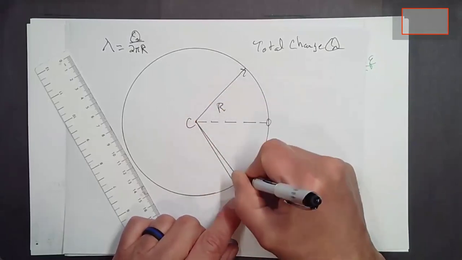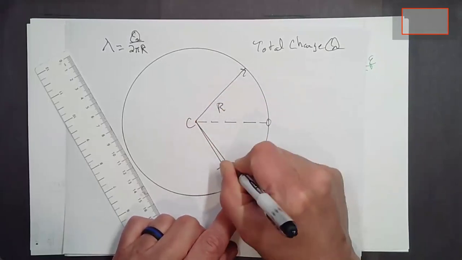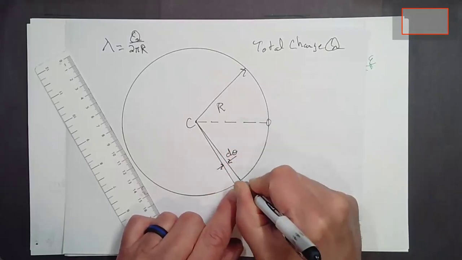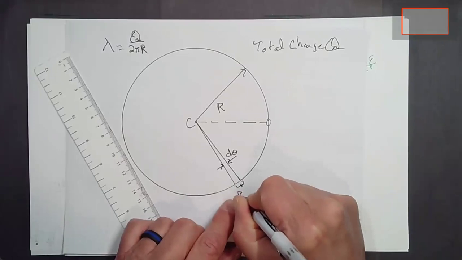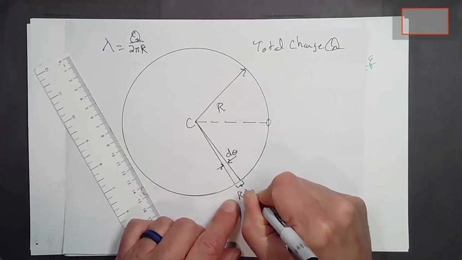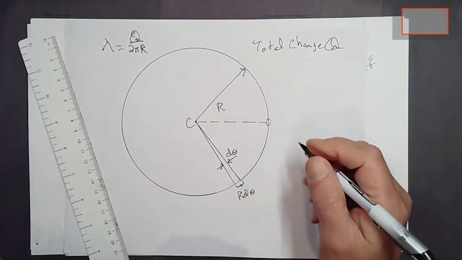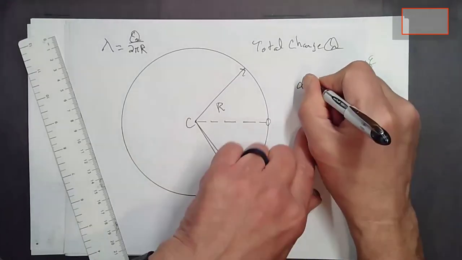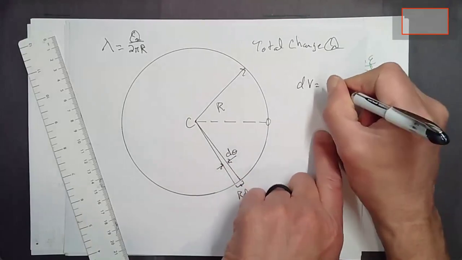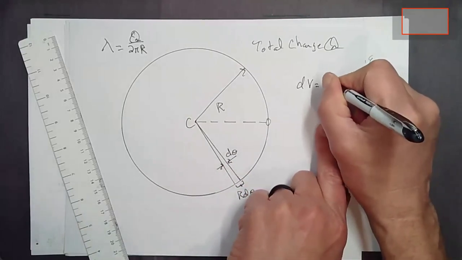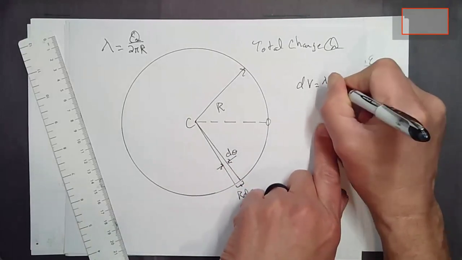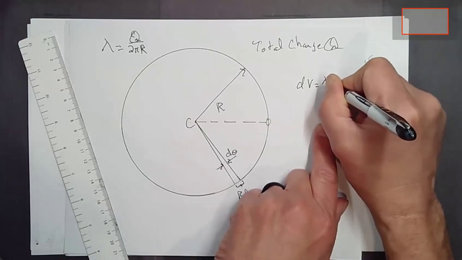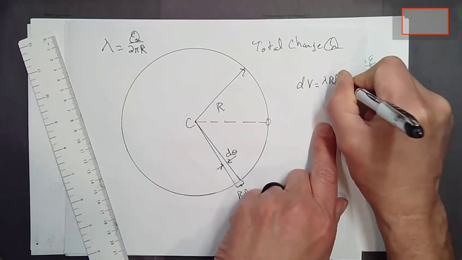This is going to be capital R. This will be d theta. And so the length of this little tiny arc will be r d theta. And the electric potential due to that, I can think of it as being dV, is going to be lambda times, oops, well, I'll stick it on here, times r d theta.